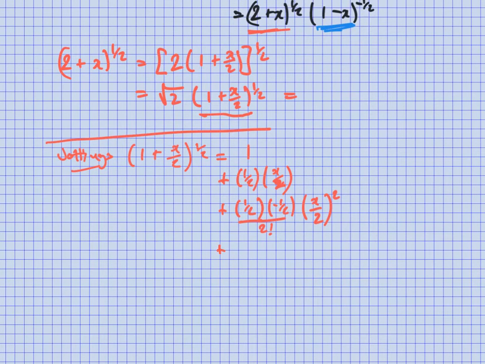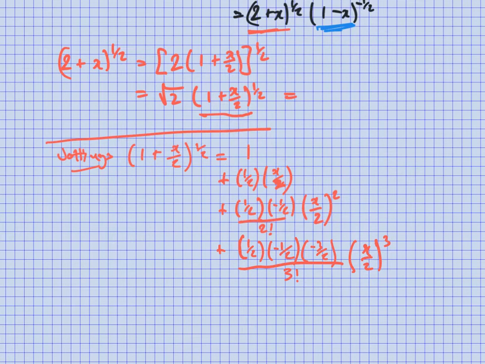And the third term for this one will be a half times minus a half times minus 3 over 2, n times (n minus 1) times (n minus 2), all over 3 factorial times that cubed.